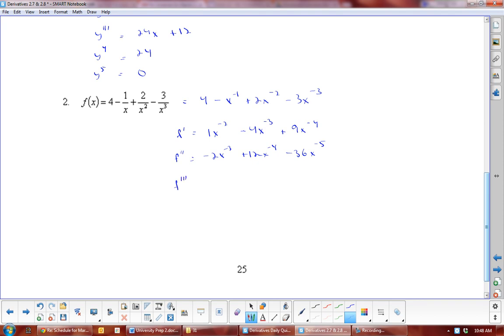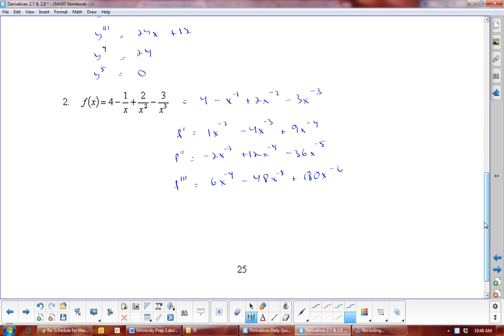Okay. The third derivative would be 6x to the negative 4 minus 48x to the negative 5 plus 180x to the negative 6.